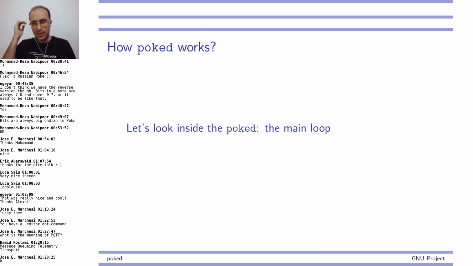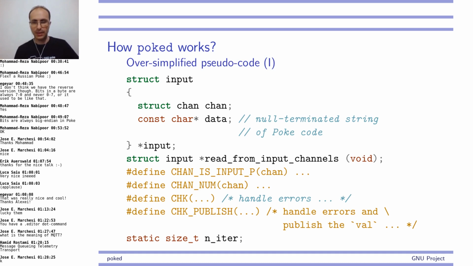So let's look inside POKD, the main loop, the way that we did for the poke application, with the same oversimplified pseudo code. It's not real, but it has the essence of what's going on.